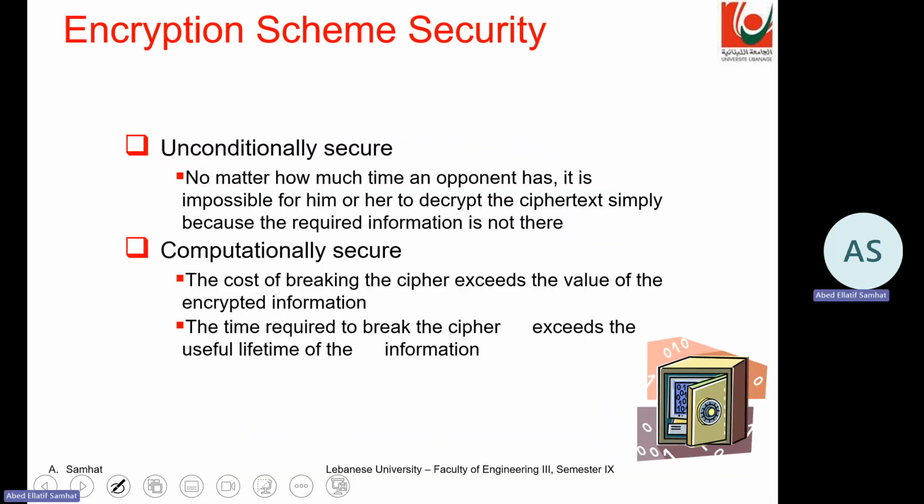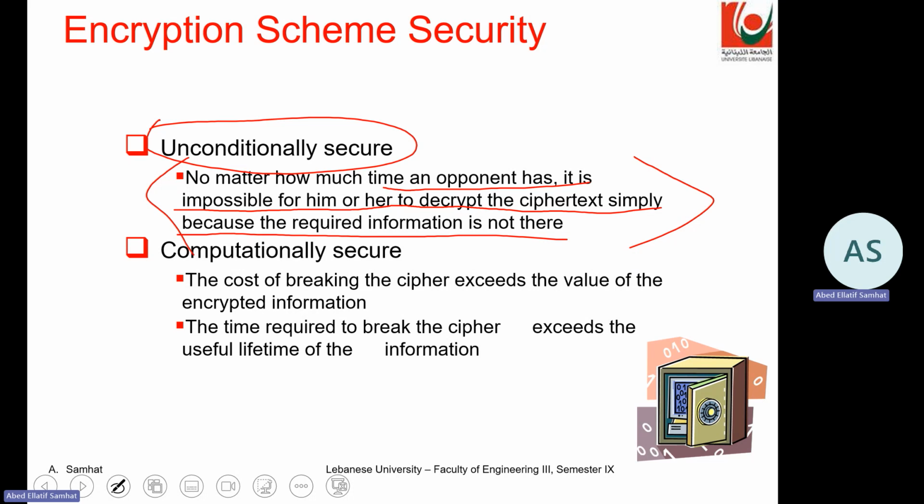So after describing the different attacks, let's see together how we evaluate the security of an encryption scheme. We have two conditions. We have what we call unconditionally secure, and here, no matter how much time the attacker has, it's impossible for him or her to decrypt the ciphertext, simply because the required information is not there.